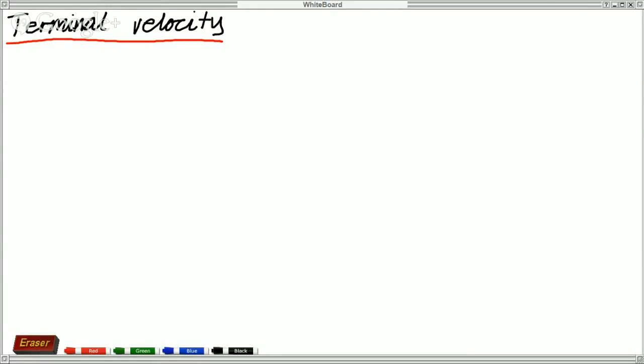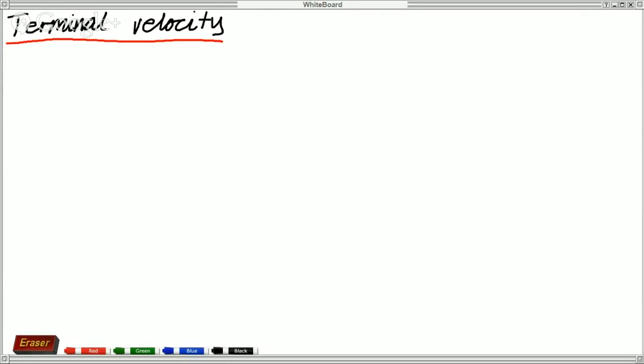Hi everyone. In the last lesson we were looking at resisted motion, and we saw that resistance is usually in proportion to the velocity of an object. So we're going to build upon that concept and have a look at terminal velocity. Terminal velocity basically means as you keep going faster and faster, as your velocity increases, so too will the air resistance.